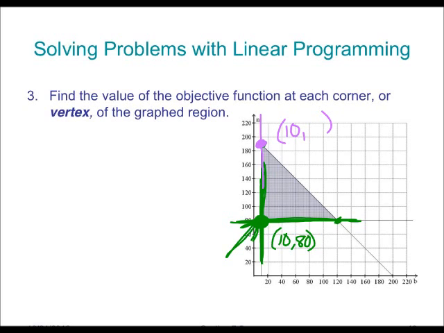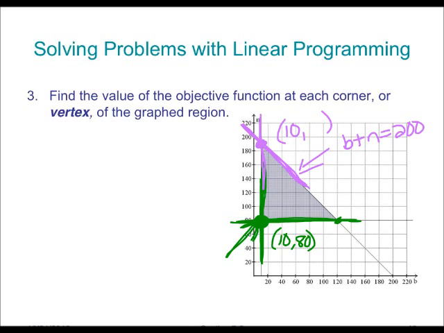So you have to remember where this line came from, because that's what we're looking for, is where those two lines cross. The equation for this line was b plus n is, I'm going to say equal to 200. It wasn't inequality, but I'm looking for the line, not the shaded region, so I'm going to say equal to 200.